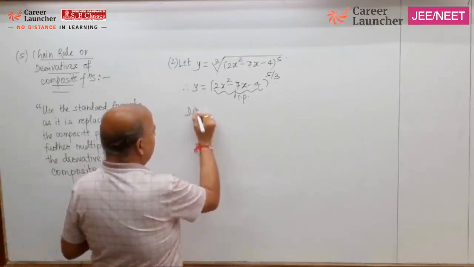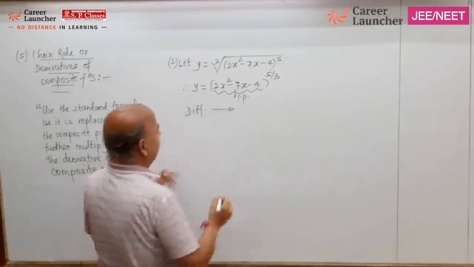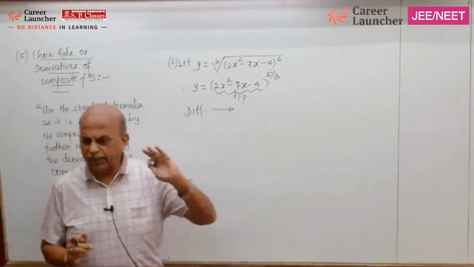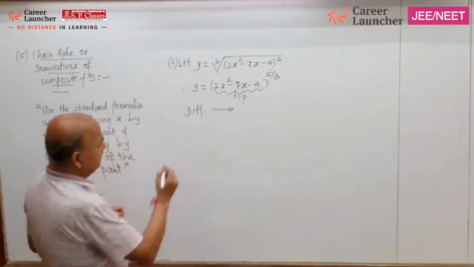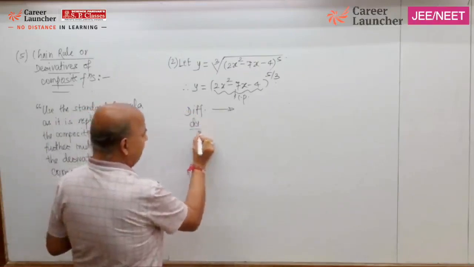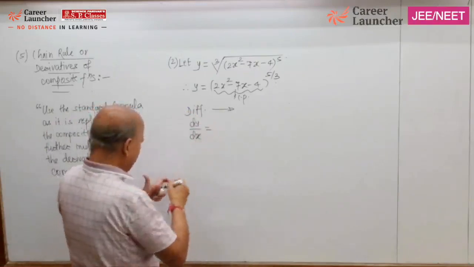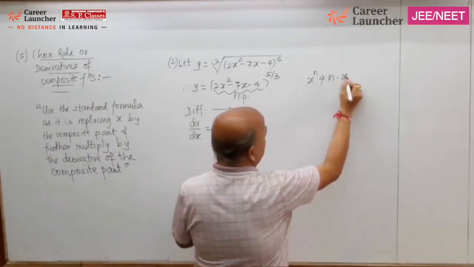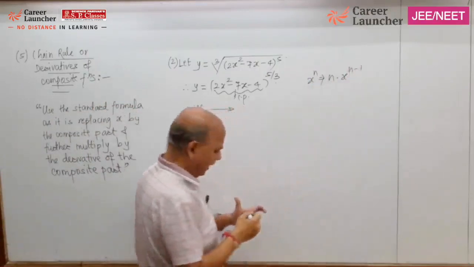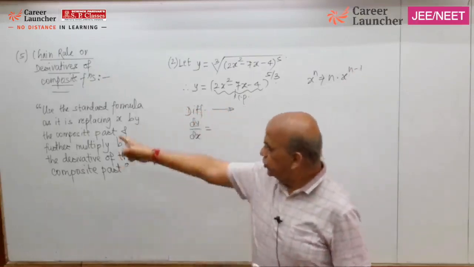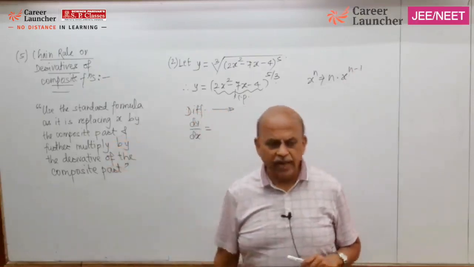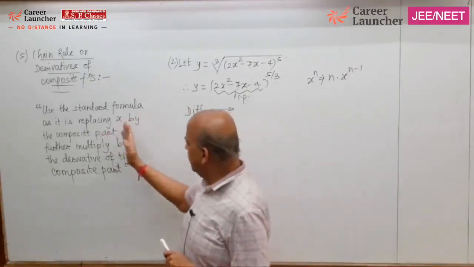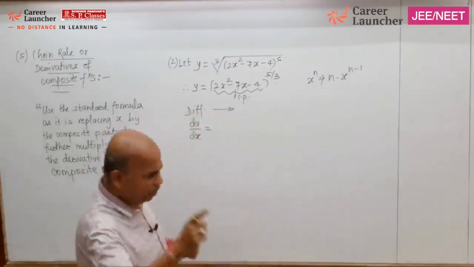And now, I'll keep on writing short form, but actually you have to write in full, differentiating with respect to x. And differentiating with respect to x below. dy by dx. Tell me what is the formula here. I'll write x raised to n. Formula was n into x raised to n minus 1. Chain rule. What is the chain rule? Use the standard formula as it is, replacing x by the composite part.